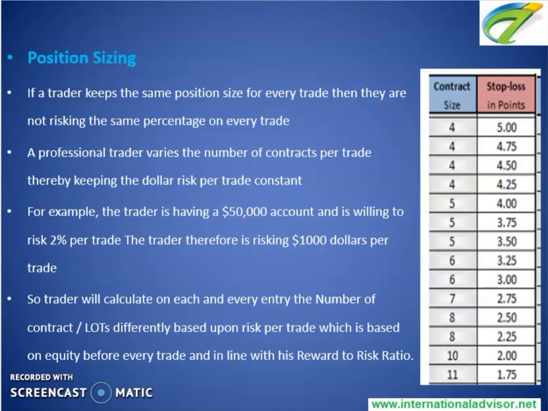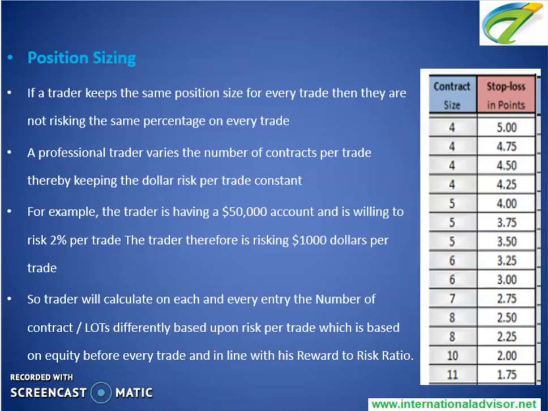Once we lock this, the second step is to have a fixed reward to risk ratio. Whatever we prefer, if you go for a minimum 1-to-1, it means if in a trade you are prepared to have $2,000 risk, there should be a profit potential of minimum $2,000 or more.